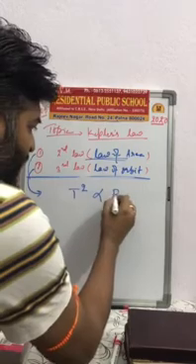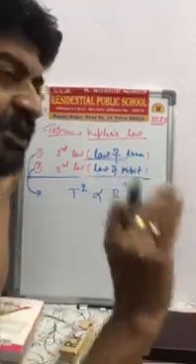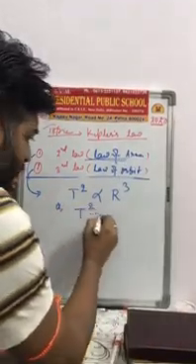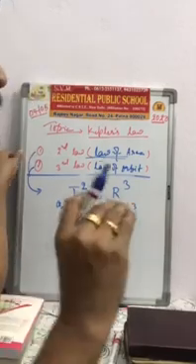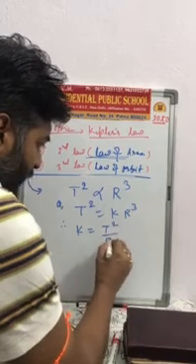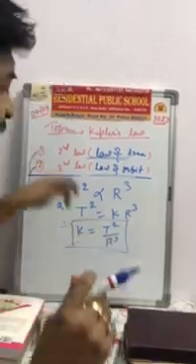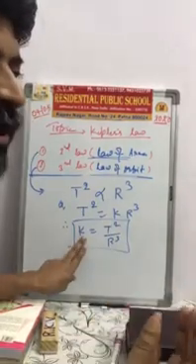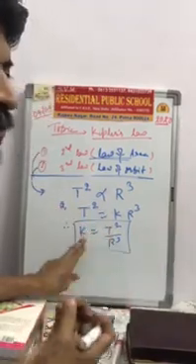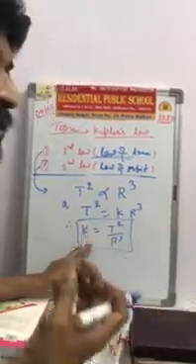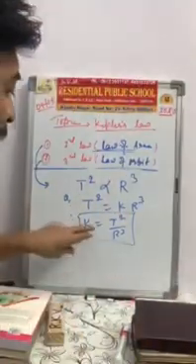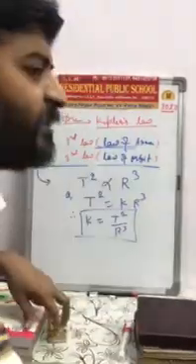Now the actual conclusion: T squared is directly proportional to R cubed, where R is the mean distance between the sun and the planet, or we can say T squared is equal to K R cubed. Here K is a constant, therefore K is equal to T squared by R cubed. Actually this K is a constant which is a main factor in the generation of the universal gravitational constant, and this constant is fixed for every planet.